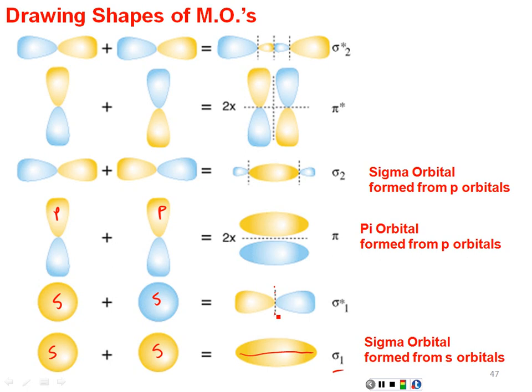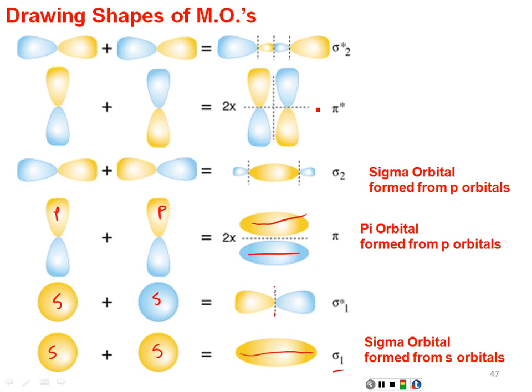The pi molecular orbital, the bonding orbital, you can show like this, where you have the same color on top and the same color on bottom, and this forms a pi bond.